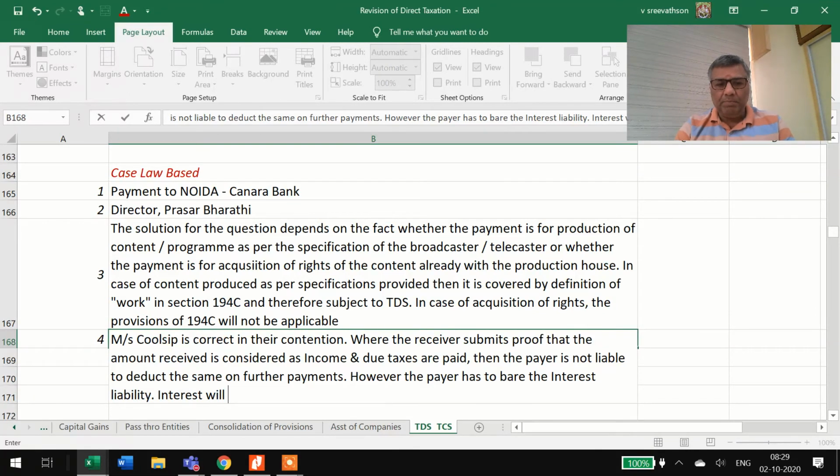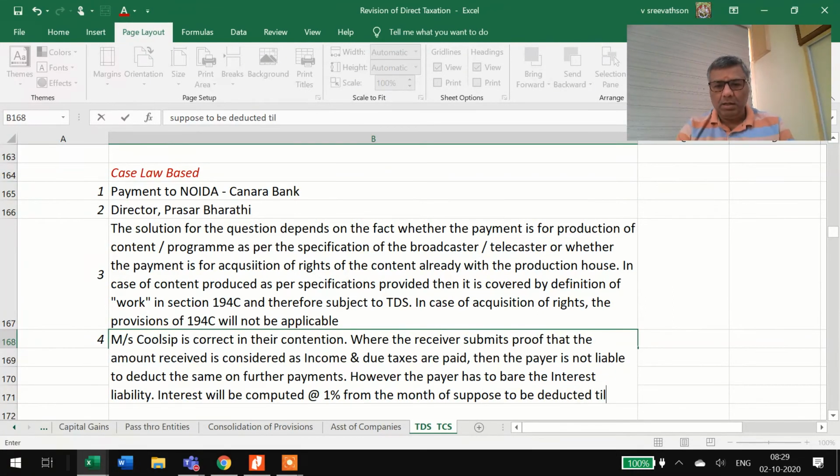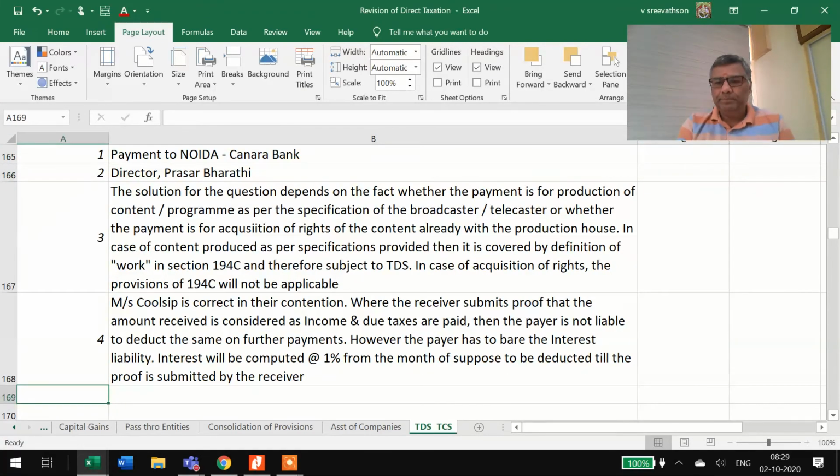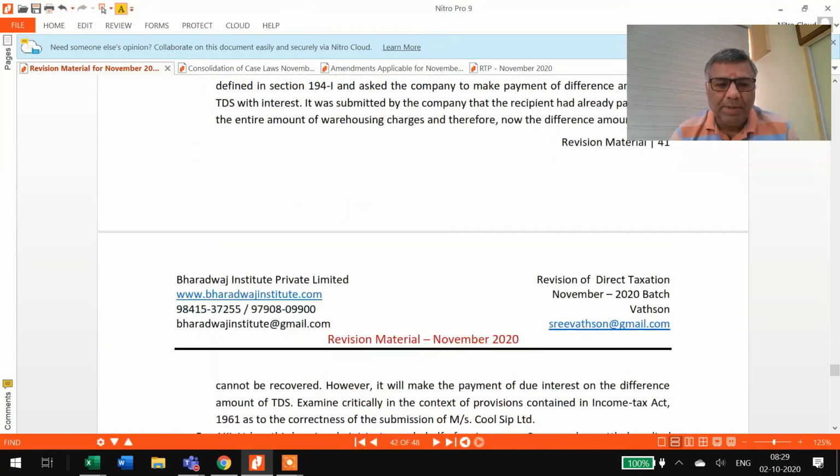Interest will be computed at the rate of 1% from the month where you were supposed to deduct, till the proof is submitted.